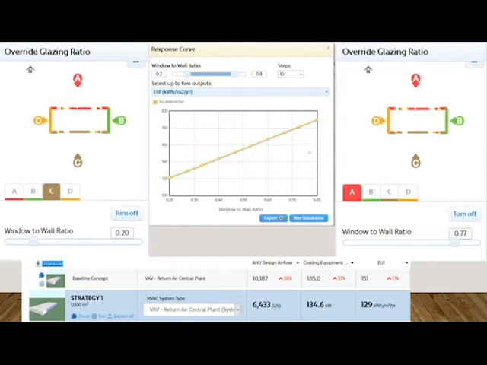The initial value is 0.2, and when analyzing the chart and the response curve, I tried to limit the values from 0.2 to 0.8, and the results obtained were that I can increase the window to wall ratio to 0.77. After this improvement, as you can see in the chart below, the energy decreased from 151 to 129.